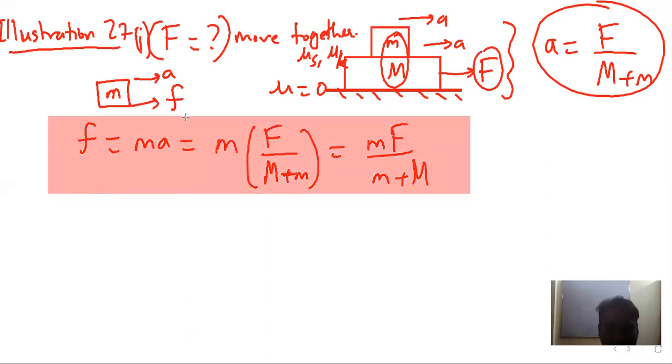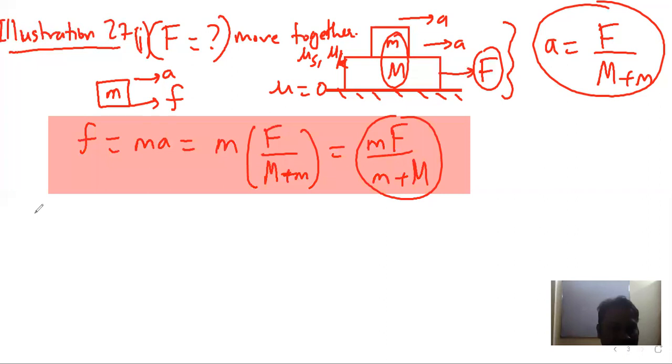Static friction comes out to be this value. Now, static friction lies between 0 and mu s m g. So in that case, we can say this is the value of static friction, mF upon m plus M.